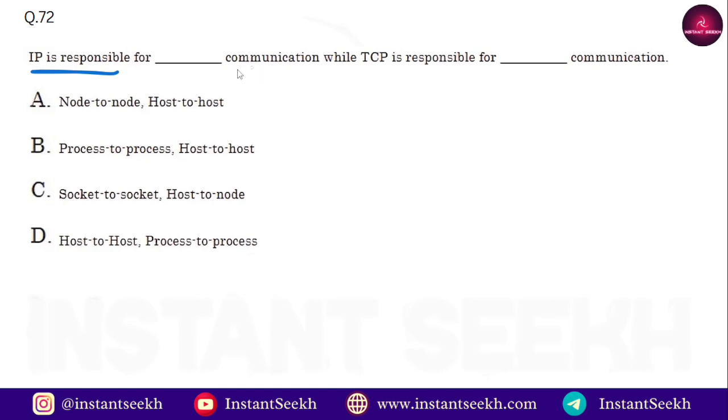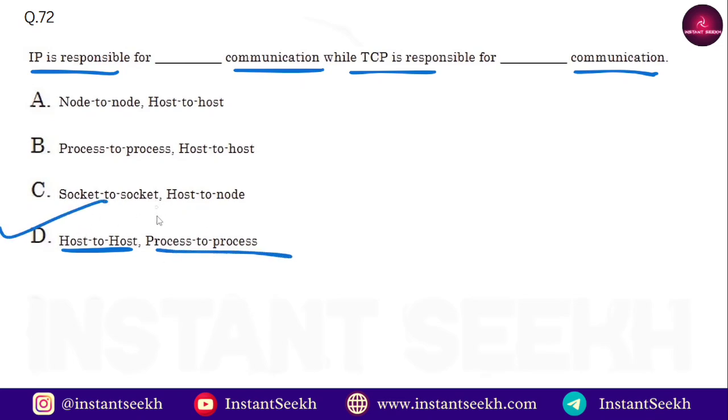IP is responsible for dash communication, while TCP is responsible for what type of communication? IP is responsible for host to host communication, while TCP is responsible for process to process communication. Always remember.